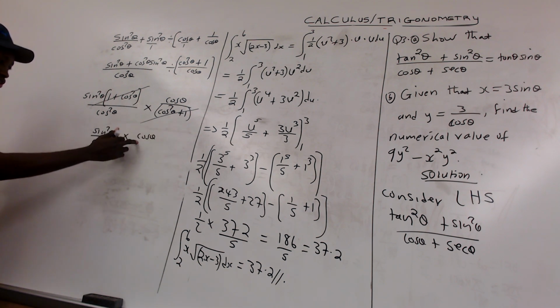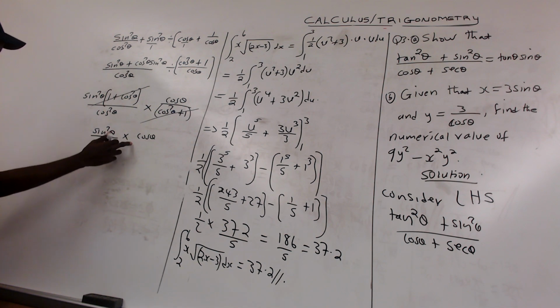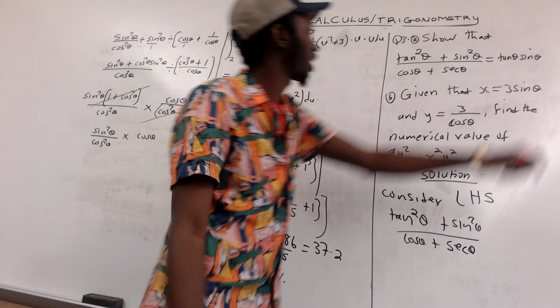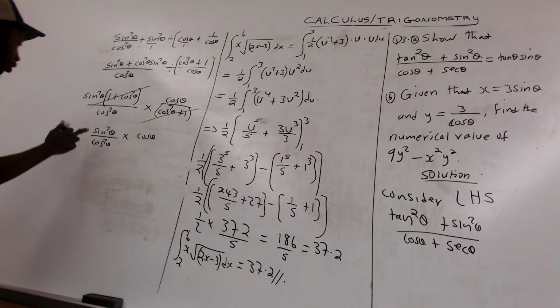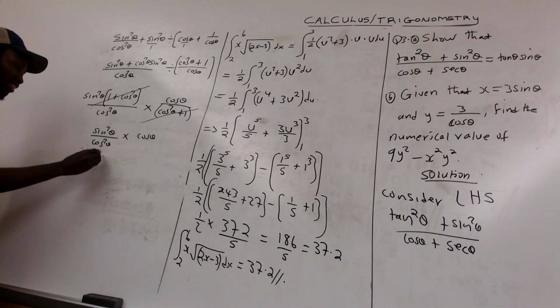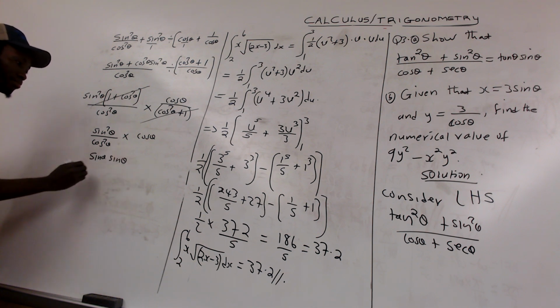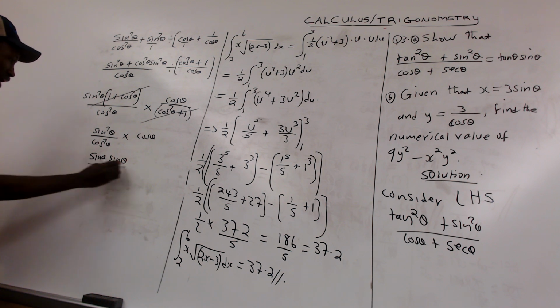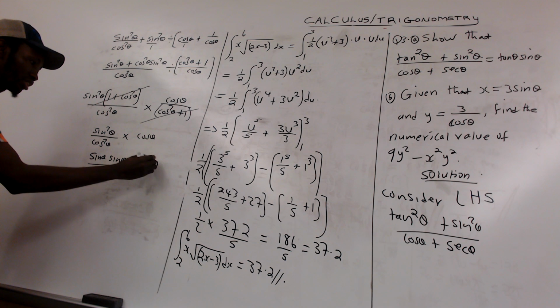You see, this cos theta, we cannot cancel it because we are required to show tan theta sin theta divided by this. But this sin square theta, we can write it as sin theta times sin theta, right? This cos square theta can be written as cos theta times cos theta. You see?